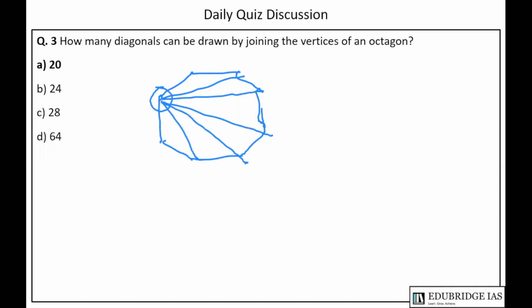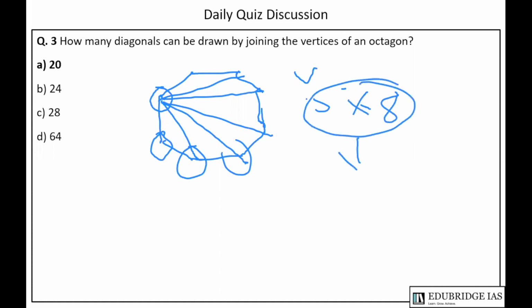Similarly, another point can be this. So likewise, from one vertex, we can draw 5 diagonals. So there are 8 vertices, so the total is 40.